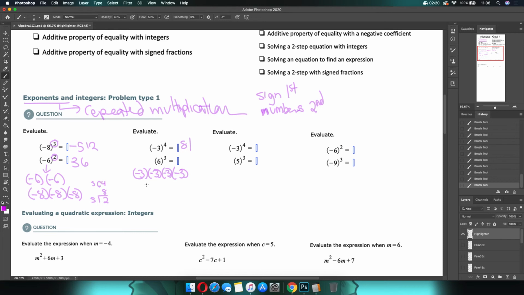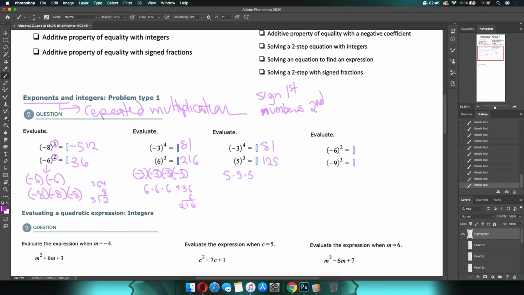All right, next up we have 6 times 6 times 6. 6 times 6 is 36, and what is 36 times 6? Let's see here, 216. I actually knew that. Next up, we got a copy and paste, so we already know this one is 81, and now we have 5 times 5 times 5. That's going to be 125.